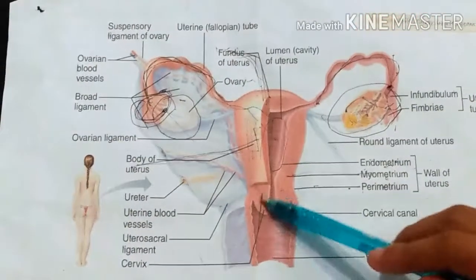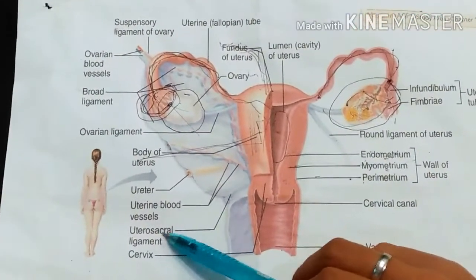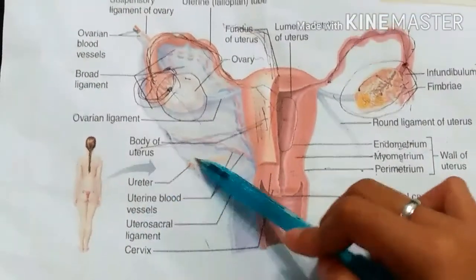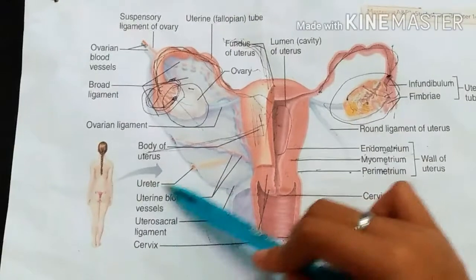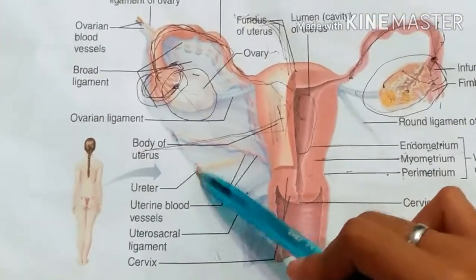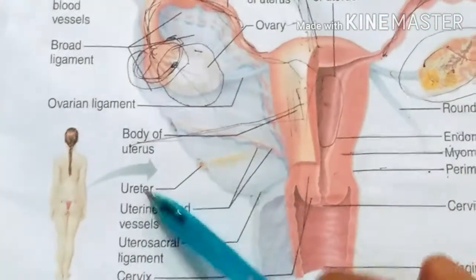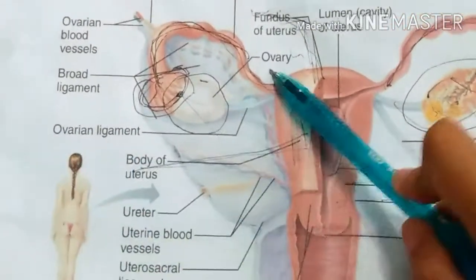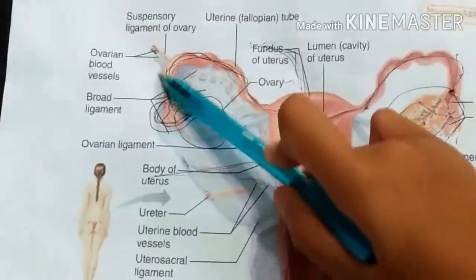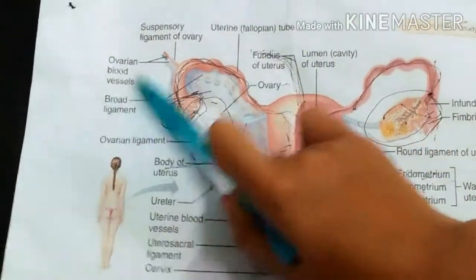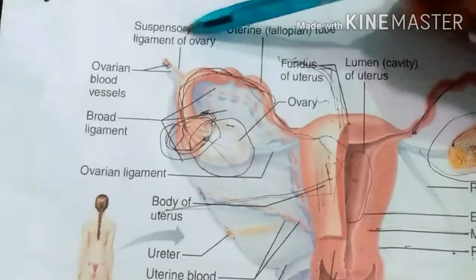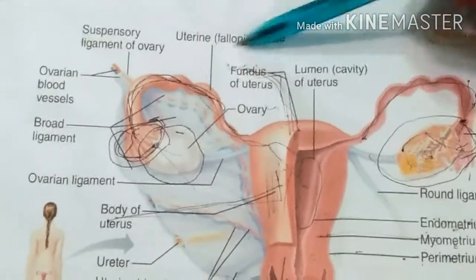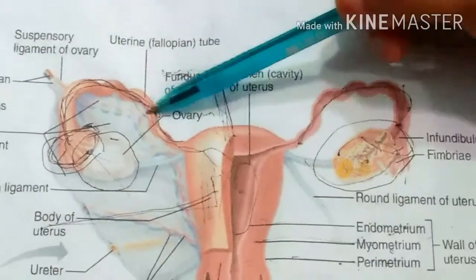This is the cervix, the uterosacral ligament, the uterine blood vessel, the ureter, which is the long tube of the urinary system, the body of the uterus, the ovarian ligament, the broad ligament, the ovarian blood vessels, the suspensory ligament of the ovary. This is the uterine or fallopian tube or the oviduct.